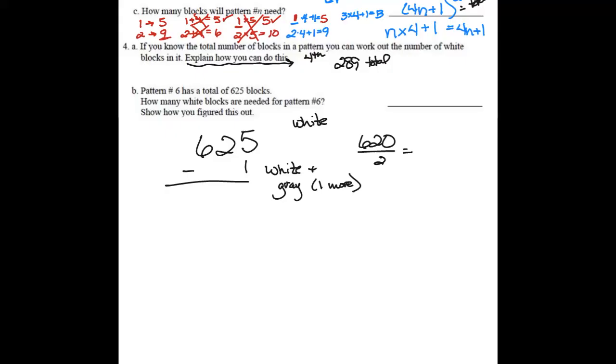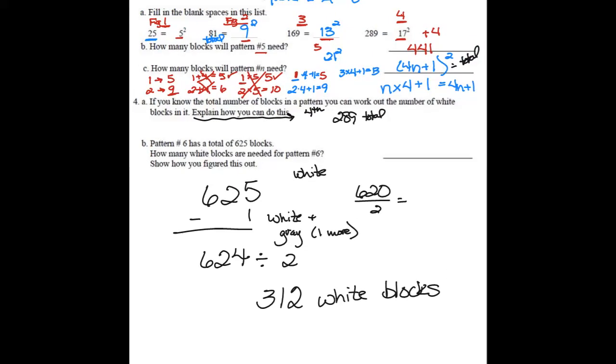So subtract 1 to get 624 total. Divide that by 2. And how much do we get? 312 white blocks. So if you take away that 1 extra that separates them, then you just divide by 2.